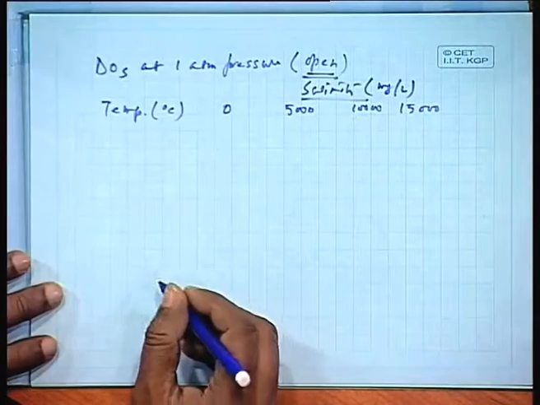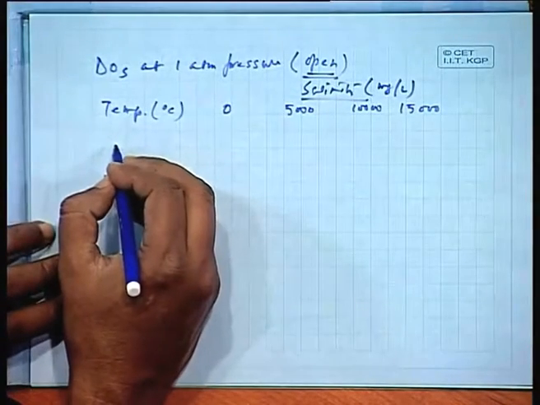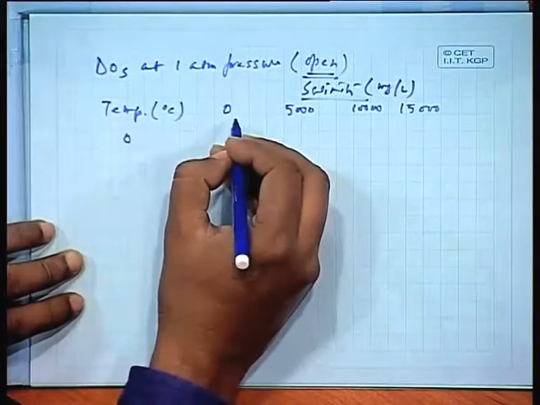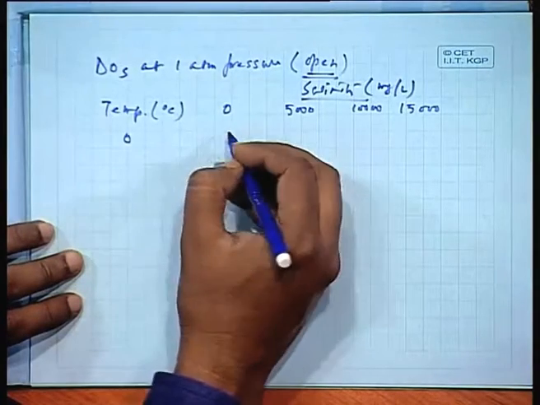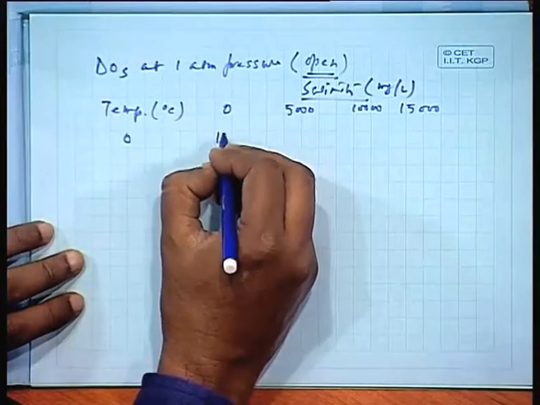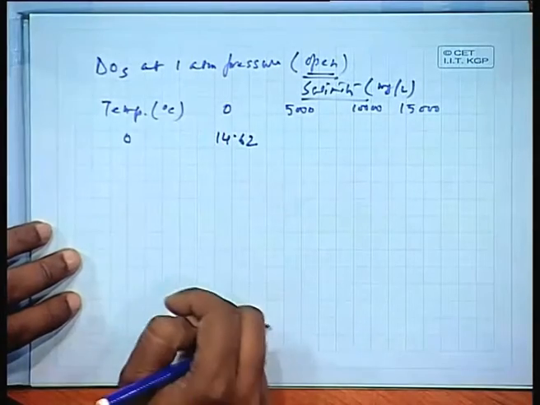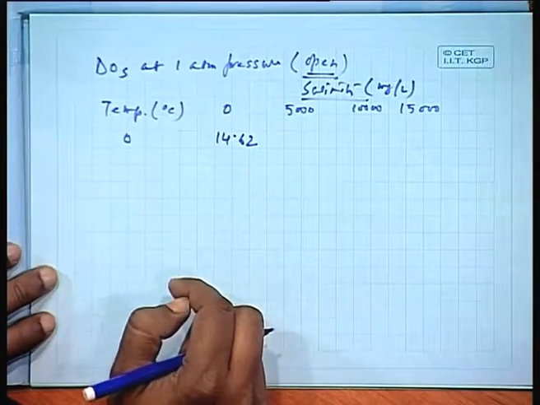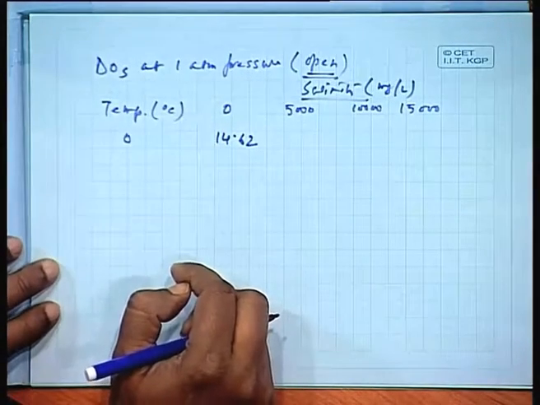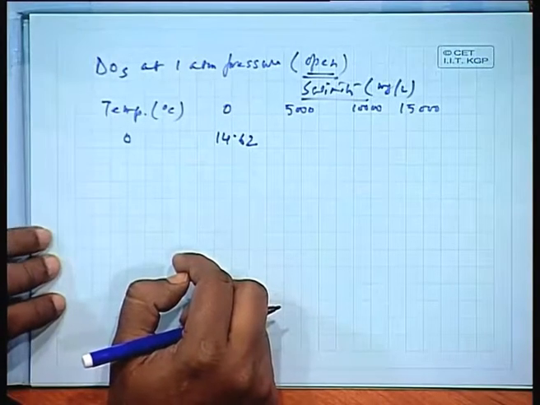Understandably, at 0 degrees centigrade and 0 chloride concentration, we find the maximum value of dissolved oxygen in water, the saturated dissolved oxygen value. This is the maximum that you can see.